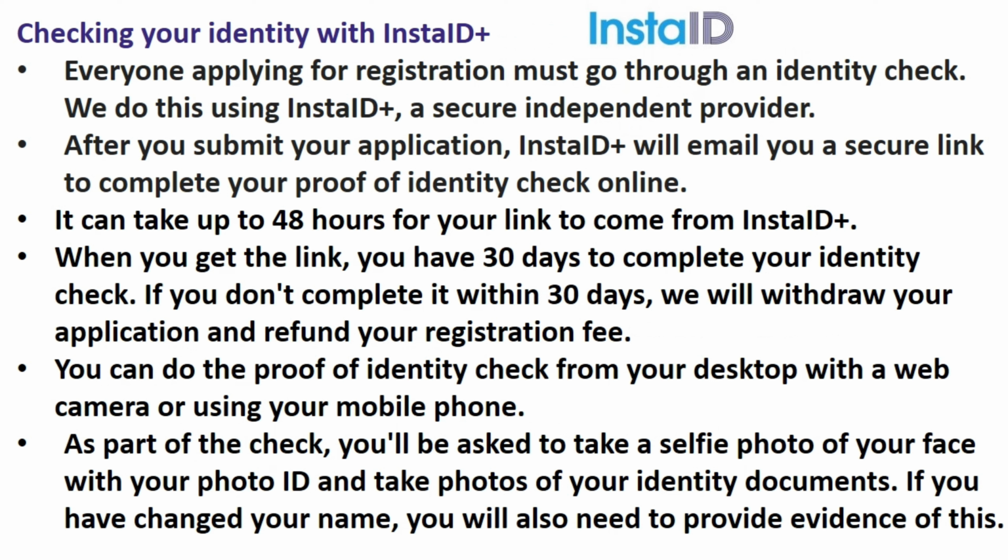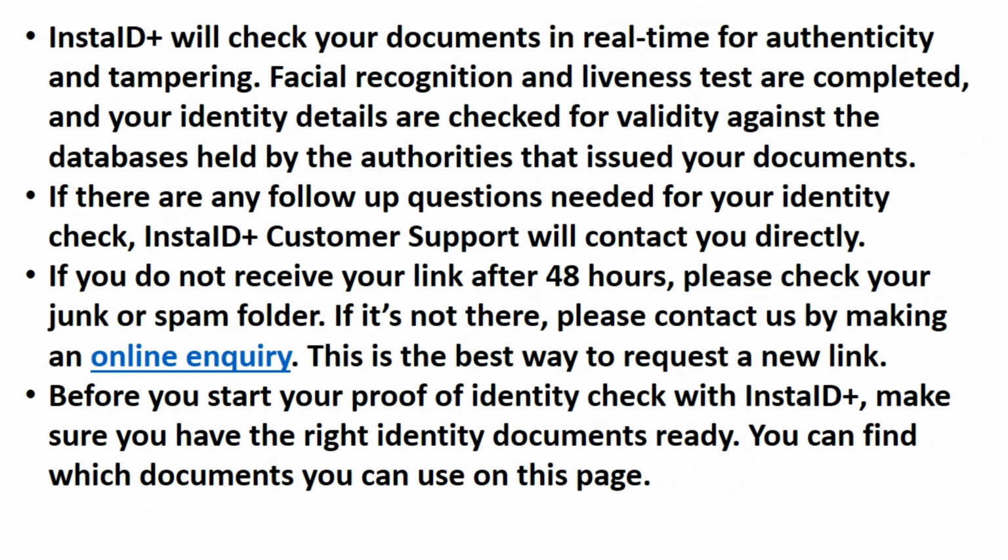In the next screen I mentioned how we check your identity with InstaID. The instructions I mentioned here are the main things we need to concentrate on. The next slide is also a continuation of the procedure and how we need to do it.